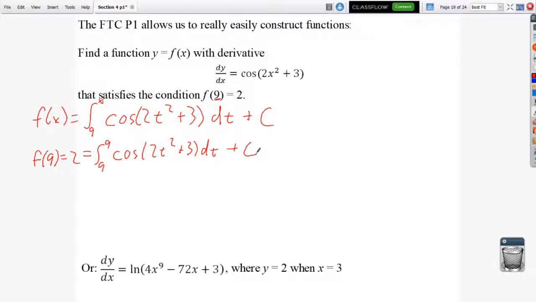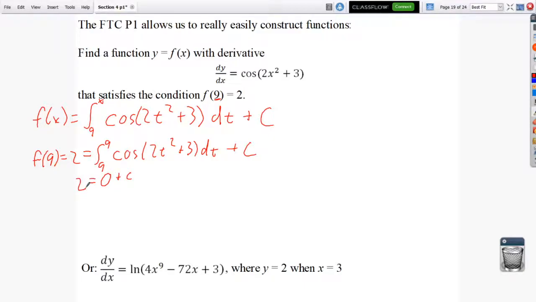From last class, we knew that to evaluate a definite integral, you really just have to evaluate the antiderivative at the upper and lower and take the difference there. Or, really, when I look at this, this is the integral from 9 to itself. We know that the integral from anything to itself is going to be 0. So this becomes 0 plus c is equal to 2.